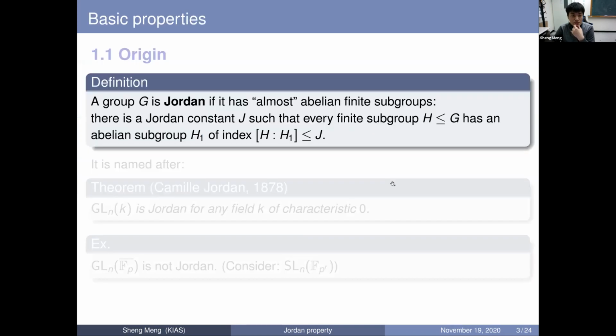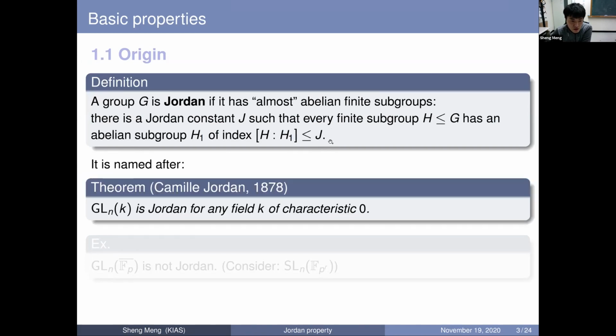Okay. So a group G is Jordan if it has almost abelian finite subgroups, which means precisely there is a Jordan constant J such that every finite subgroup H has an abelian subgroup H1 with index bounded by this Jordan constant.